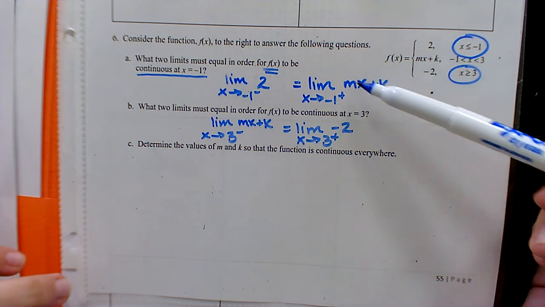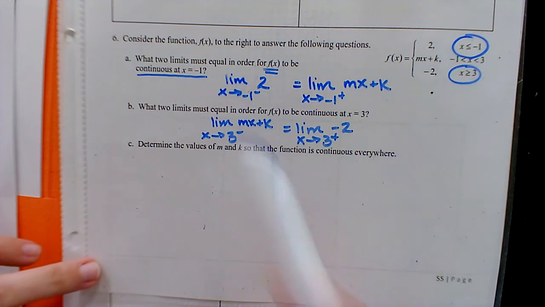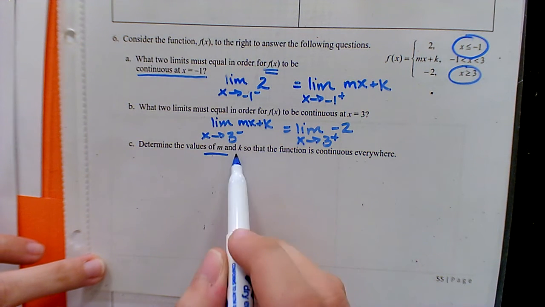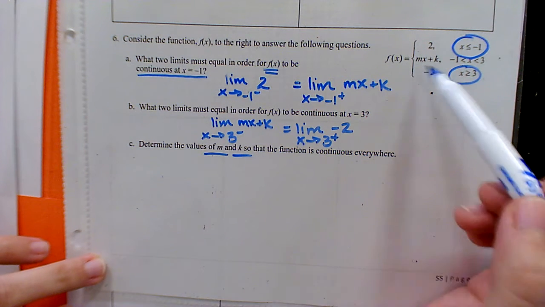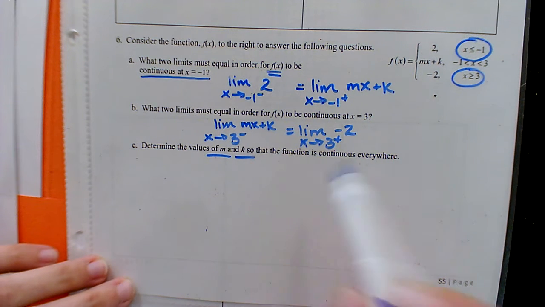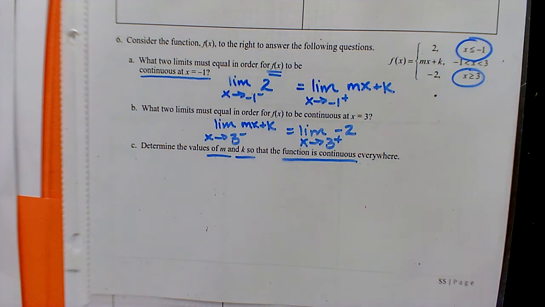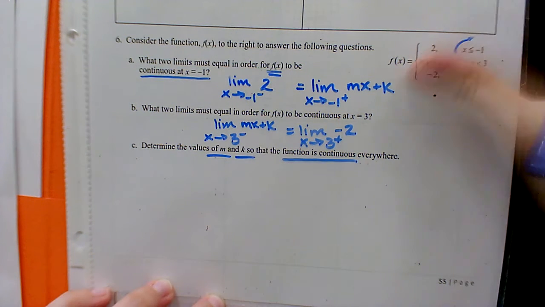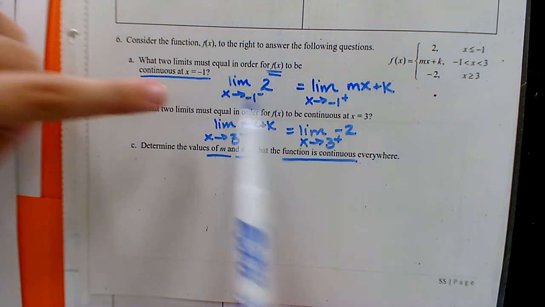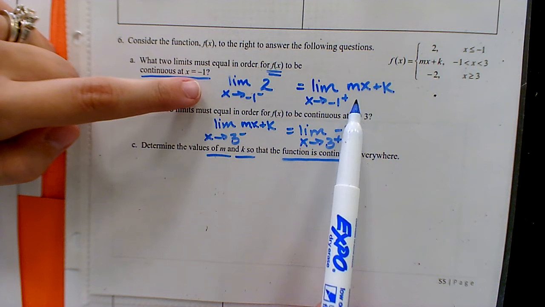So let's go ahead, and with these 2 equations we have set up here, we're going to try to figure out what is that value for m and that value for k in that second equation that would make the function continuous everywhere. -1 and 3 are the only values that are of interest because that's where the pieces end and begin. Okay, we want to make sure that they meet up because again, if they're not, we have that jump going on.